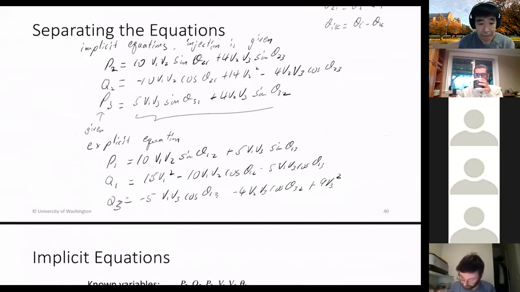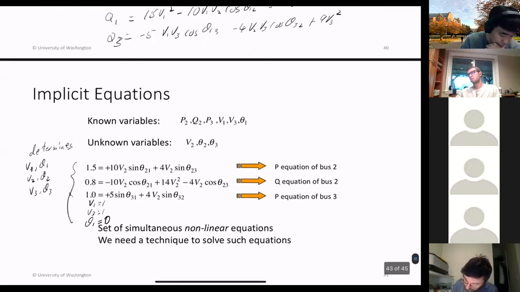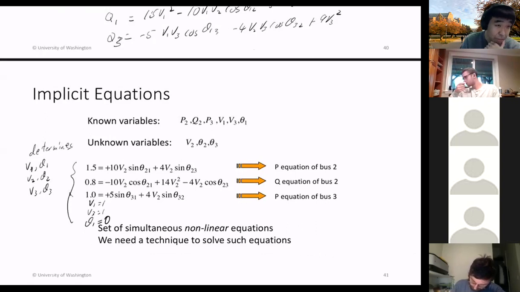Since we know P2, Q2, Q3, and V1, V3, and theta 1 equal to 0, we get six equations. For the 3-bus system, it's 2 times 3 minus 1, which is 5. The minus 1 comes from the fact that theta 1 is 0.